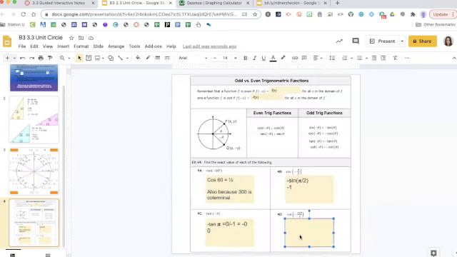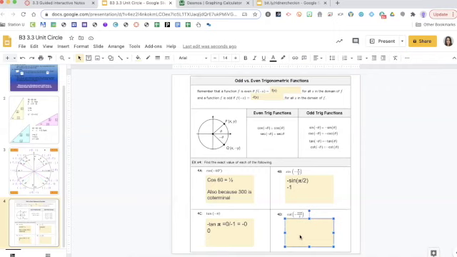Okay. Last one. Cotangent of -11 pi over 2. Is 11 pi over 2 on the unit circle? It is not. It is way bigger.